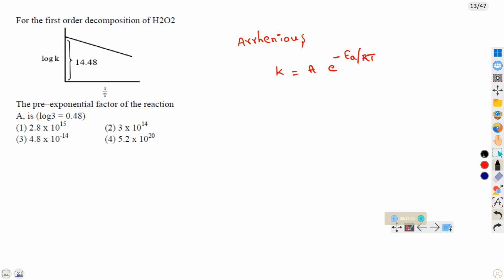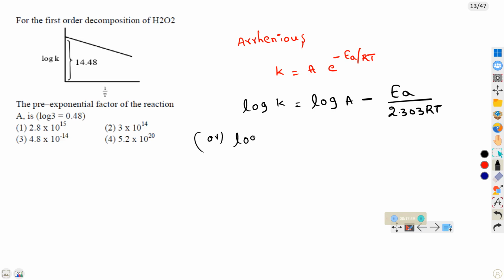Apply log on both sides: log k is equal to log A minus Ea by 2.303 RT, or it can be written as log k is equal to minus Ea by 2.303 R into 1 by T plus log A.